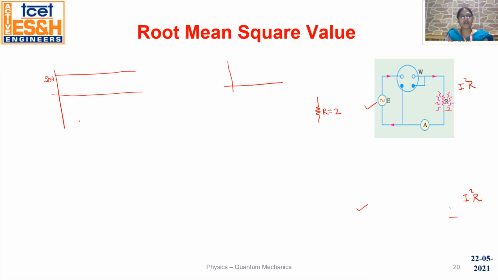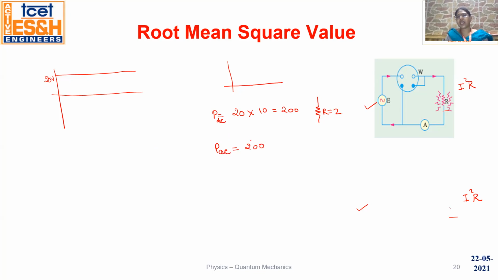Now what is the power? PDC is equal to 20 multiplied by 10, which is 200. Now the resistance has 200 watt across it, the power consumed by it. Now, as per the definition, PAC should be 200.